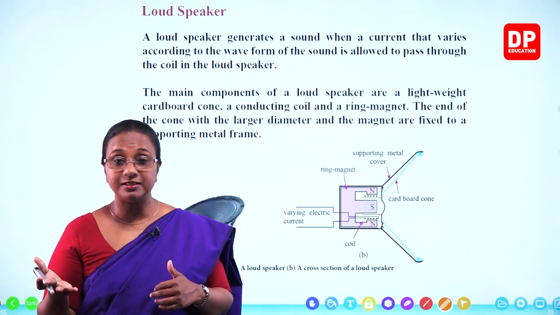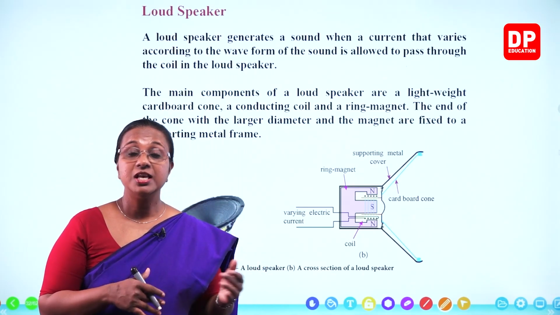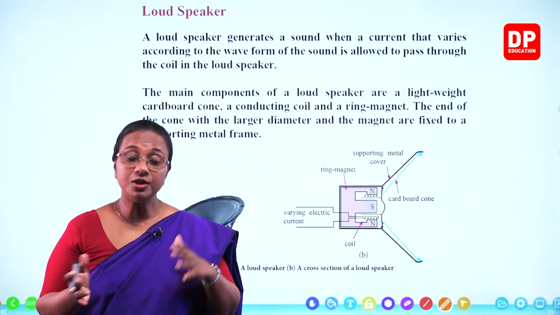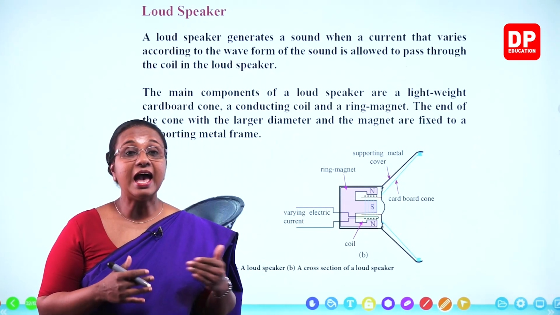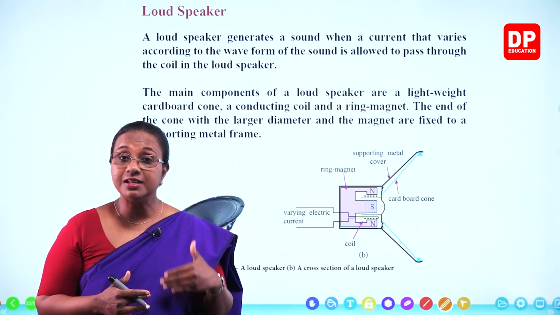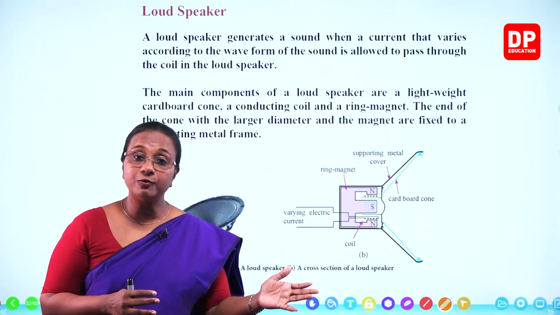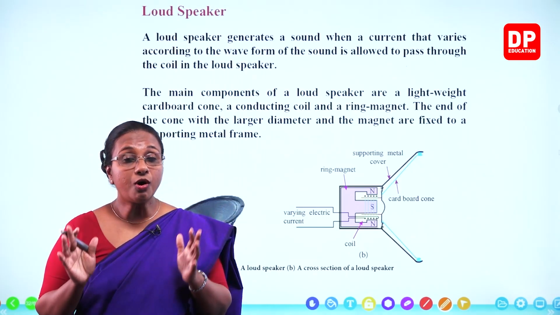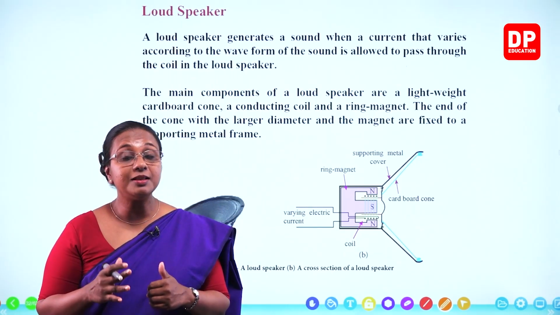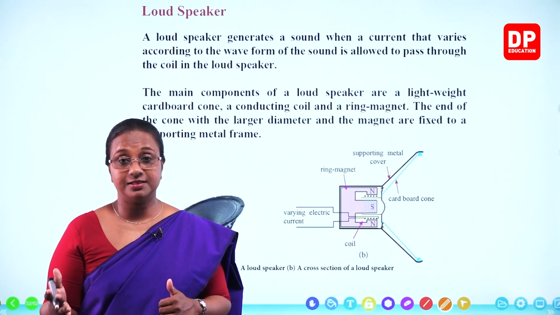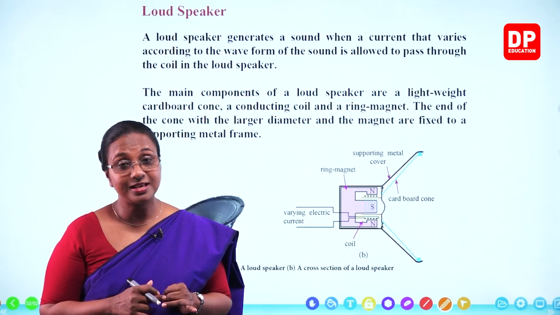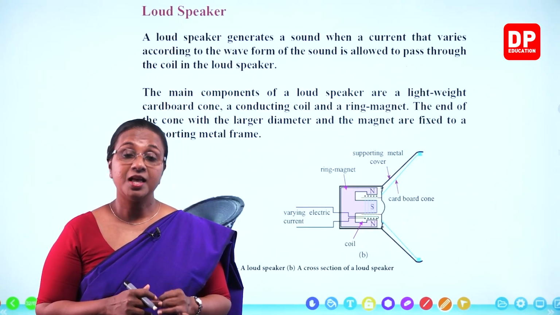The stronger the magnetic field, the stronger the force. When you increase the amount of current flow, the force becomes greater, and also the length of the conductor. When you increase the length of the conductor, the force increases. So the force is directly proportional to all these factors: the strength of the magnetic field, the current, as well as the length of the conductor.